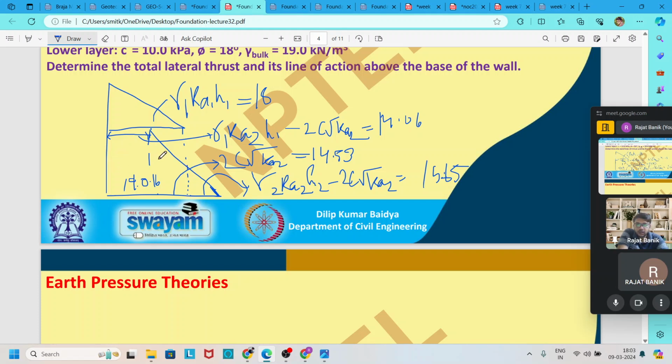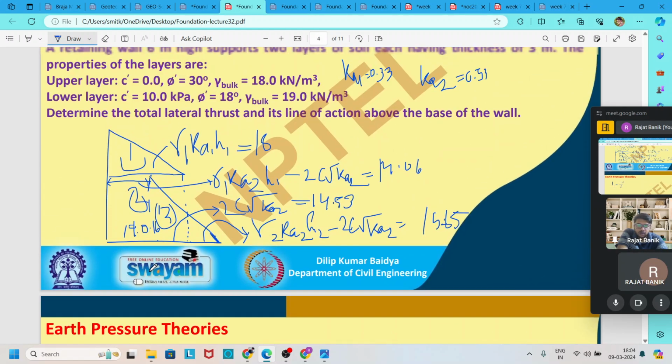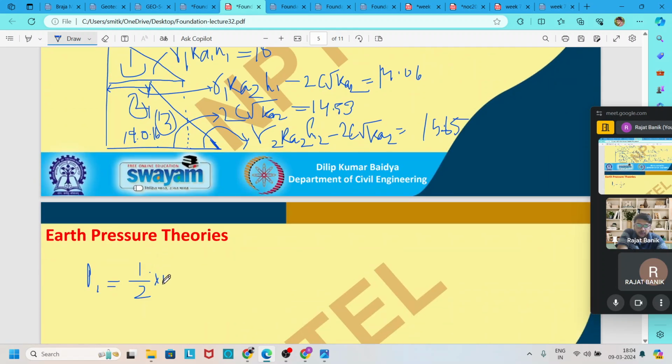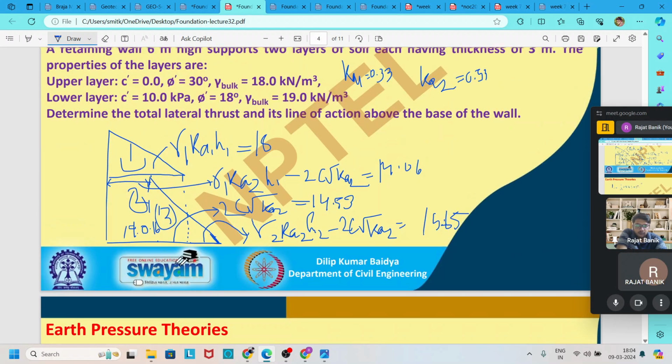Now area 1, area 2, area 3. So P1 is half into 18 into 3. This becomes 27. From the base, y1 is 3 plus 3 by 3, that is 4.